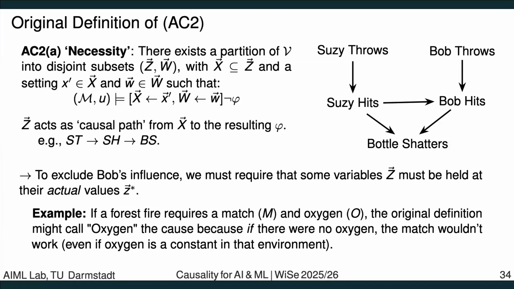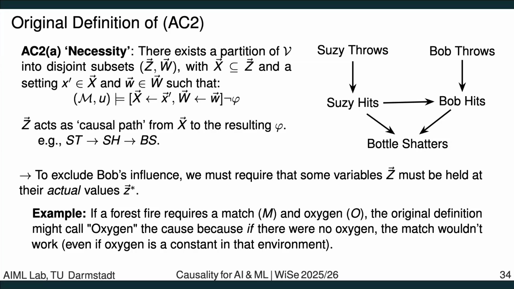But in a court case, you would reason about whether the match was the actual cause, because this other variable is constant and nobody intervened on it, or hopefully won't intervene on it.